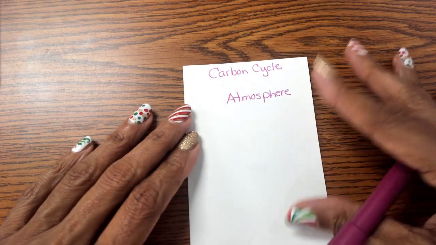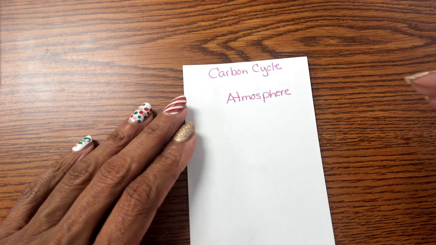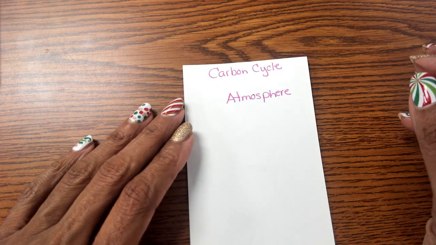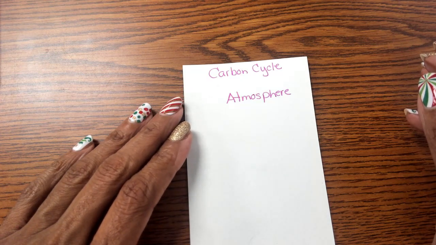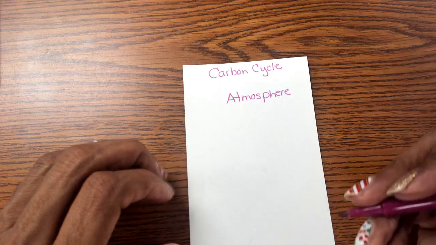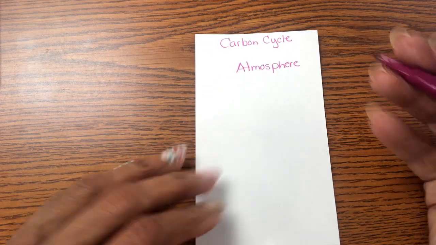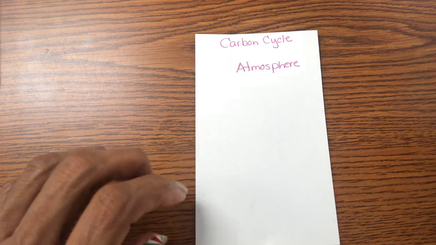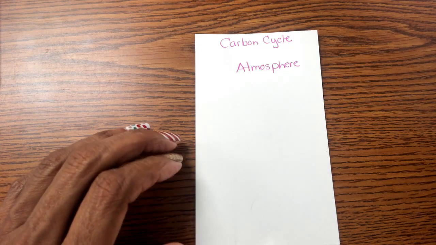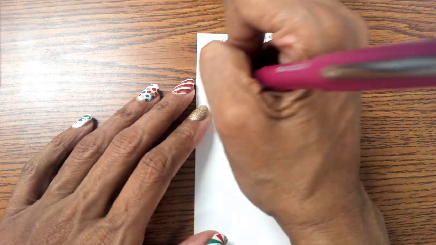Okay, so we're going to talk about the ways that carbon gets into the atmosphere and taken out of the atmosphere, is what I'm trying to say. Okay, so we're going to start over here.